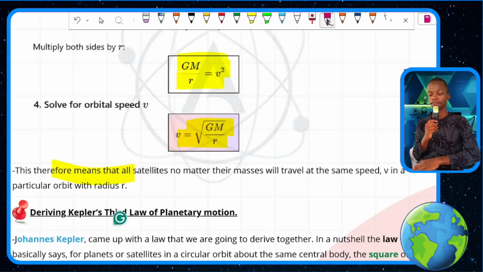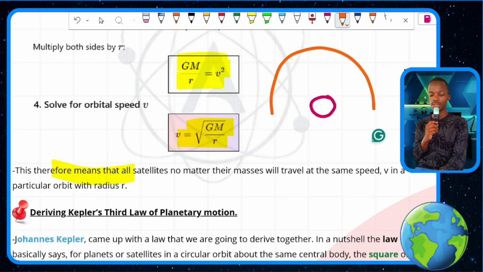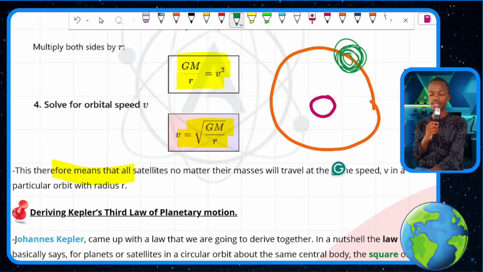What I mean by this is, for example, if you have the Earth at the center like that, then you have an orbit which is like that, right? So if you take a satellite which is yay big, say satellite S1, and then take another satellite which is yay big, say satellite S2, both S1 and S2, despite having varying masses, will actually have the same speed, right?